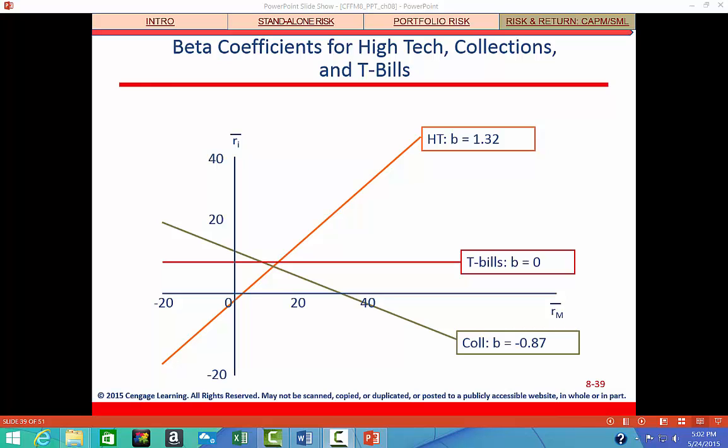Now we can also look at an example graph of the betas, or slope coefficients, that were estimated for the data that we had. High tech has a beta of 1.32, which is riskier than the market, and that makes sense for a beta greater than 1. T-bills have a beta of 0 because they don't relate to the market. And the collections firm has a negative beta of negative 0.87, which is not very common in real life.